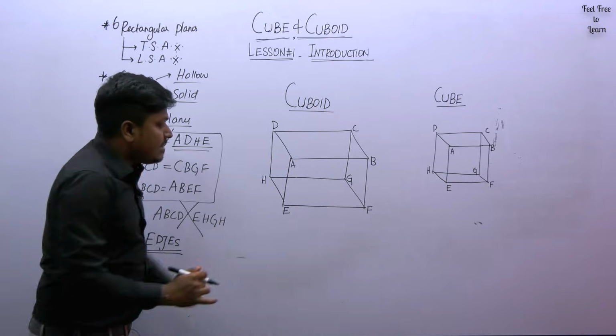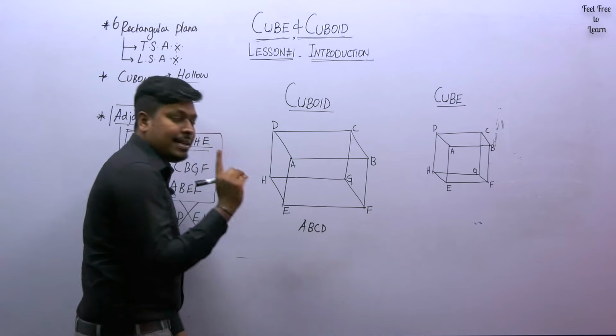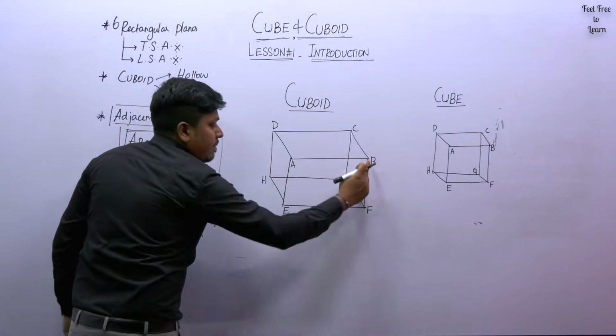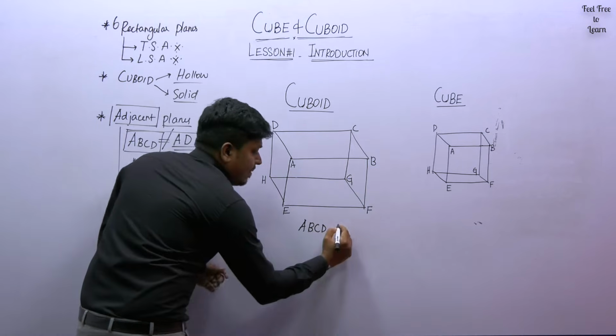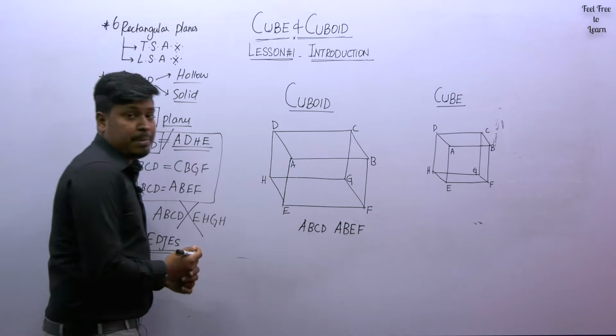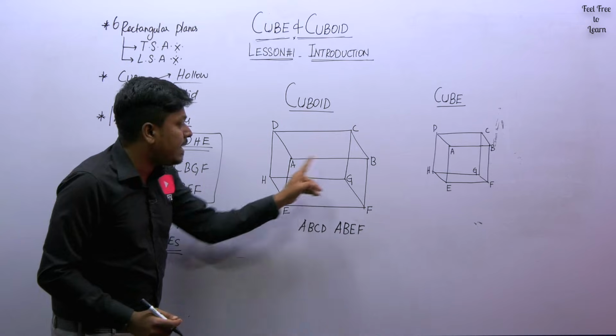Listen here, ABCD, right? Let me take ABCD. ABCD is one plane, right? Yes or no? ABCD is one plane. Similarly, ABFE is another plane. We can say ABEF is another plane. So these two planes are joined at the edge AB.